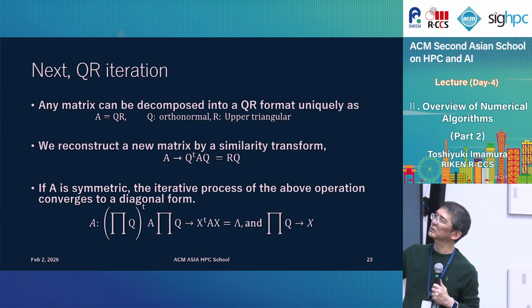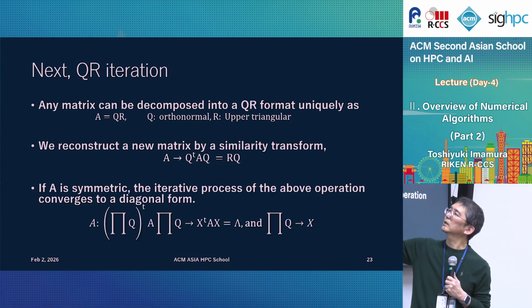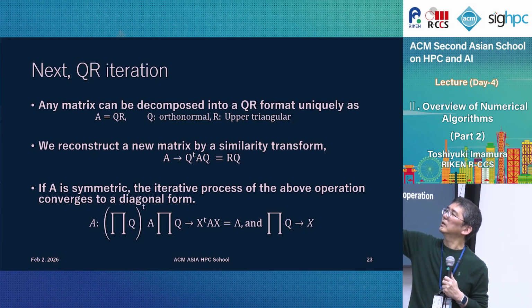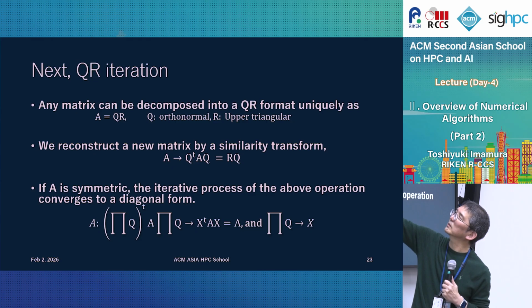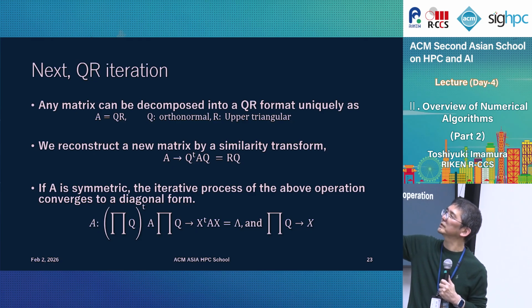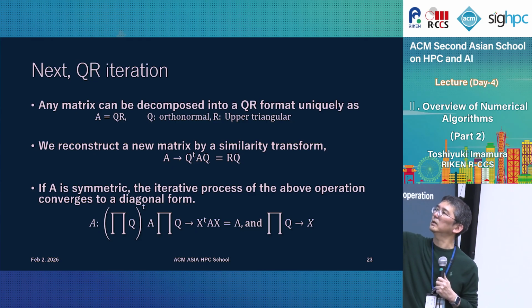If we have such a decomposition Q and R, we update the matrix A by applying the orthonormal projection from the right and left.